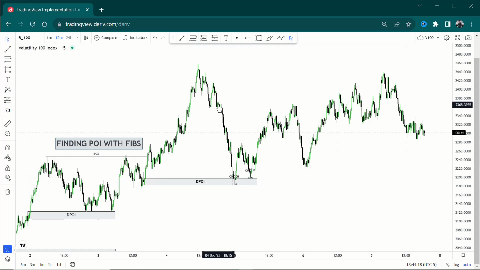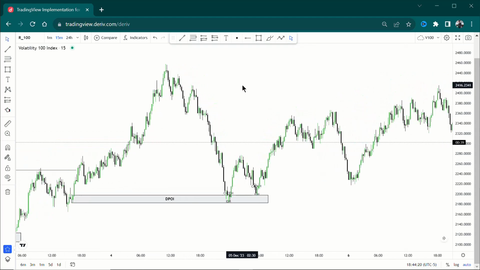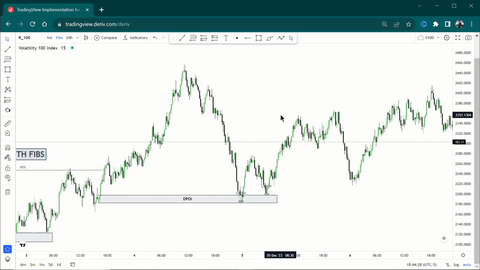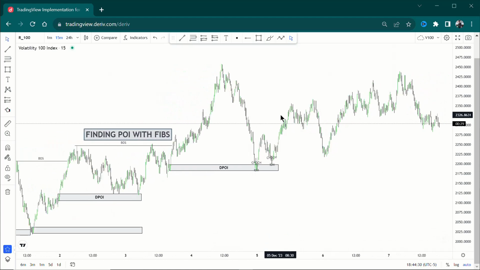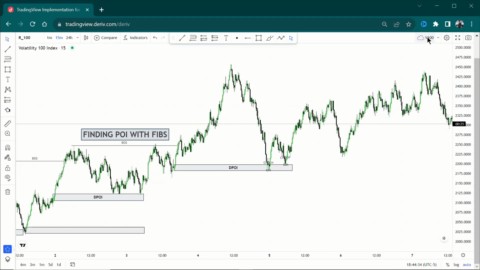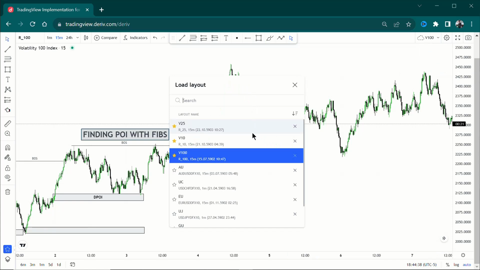One closed right here, and then the other one, no, it just closed here. Okay, let's look at another chart.